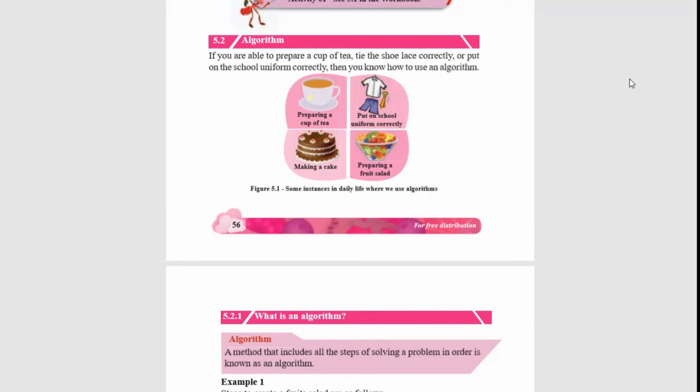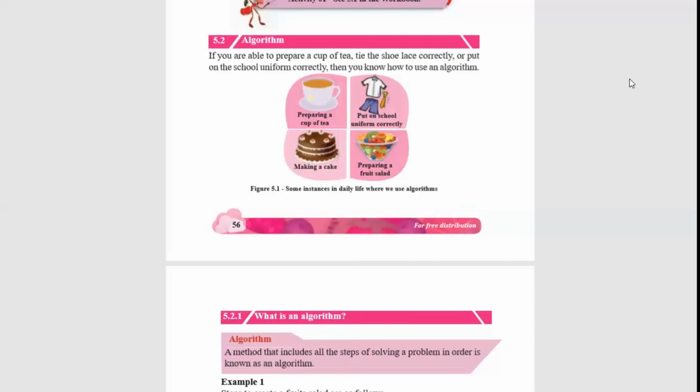If you're a girl, you may wear your frock, uniform, then the tie, badges, shoes and socks. Even putting on your school uniform, you have to follow an algorithm. We'll talk about what it is.